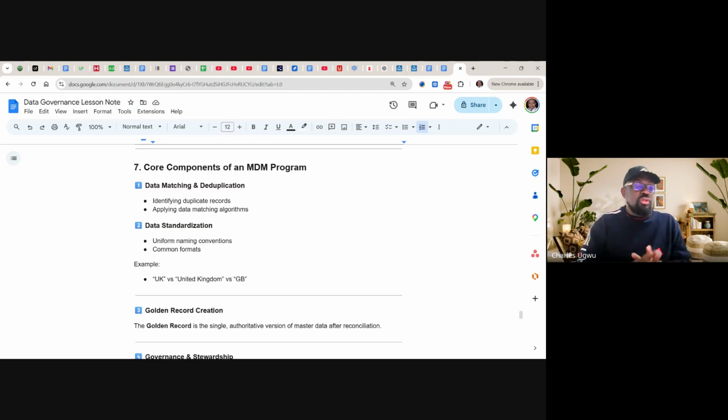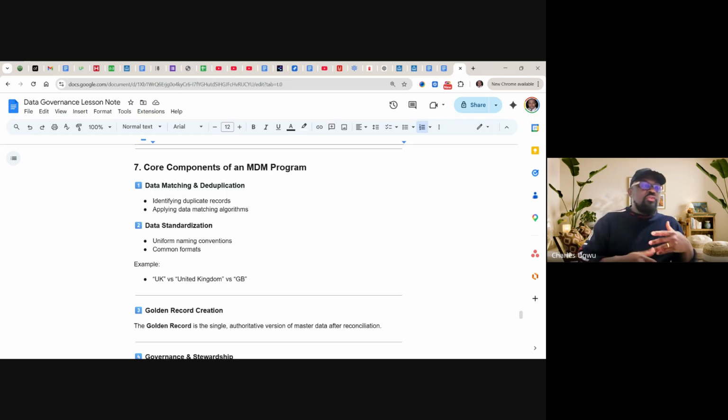In master data, that is the way it's supposed to be. If you are capturing a date, all of us know there are different ways to capture a date. If you want to capture today's date, you can say 11/3/2026. Some people will say 11th March 2026. Both of them are correct.